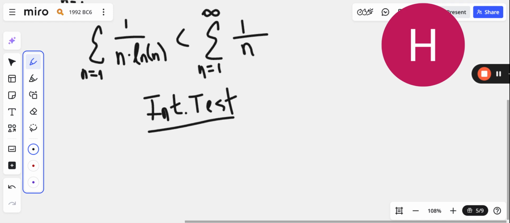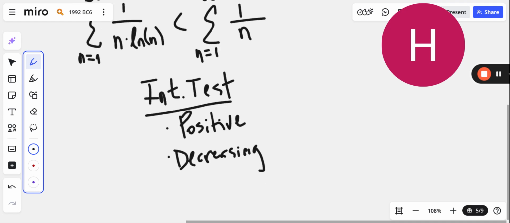So the requirements for the integral test are that we have to check if it's always positive, that it's decreasing, so that's going to involve taking a derivative and making sure that it's always negative. And we also need the limit of the sequence to go to 0. So we need to know that it is collapsing.